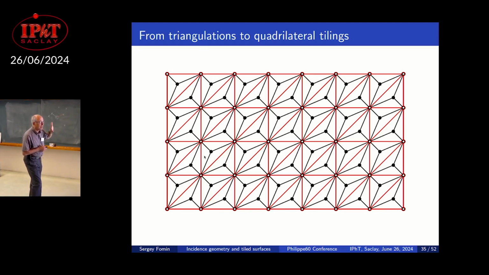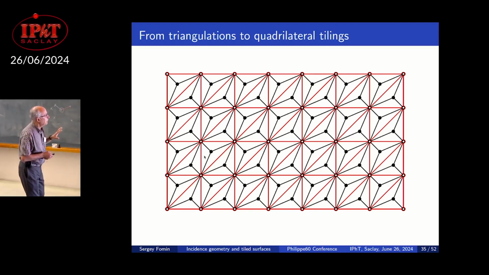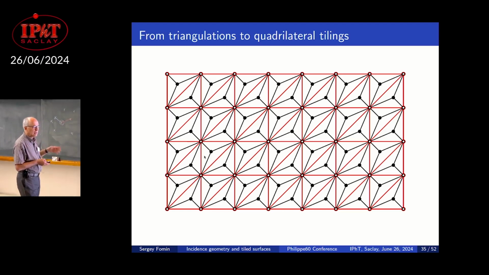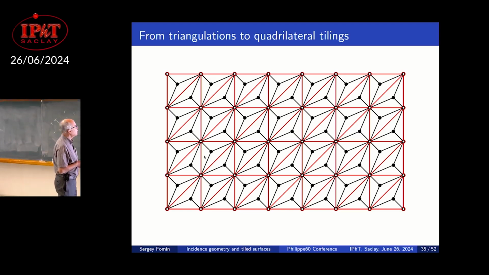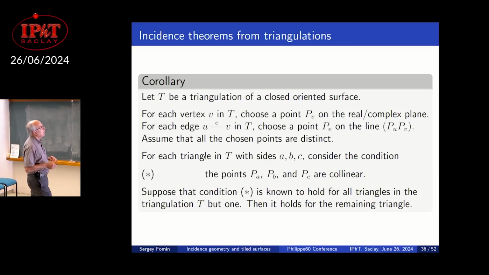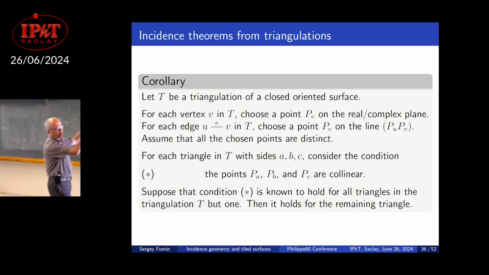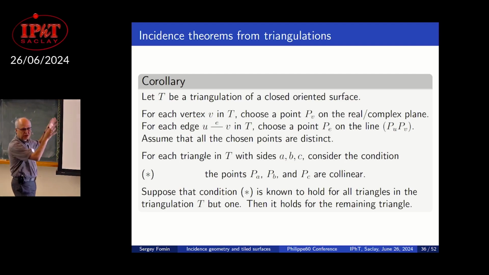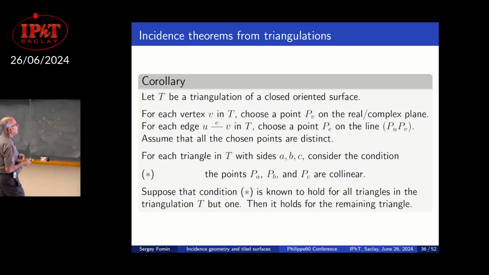Now the black stuff gives you a quadrangulation. This is a standard construction. And then there is a master theorem for triangulations, which comes out of that machine, which you can imagine what it says, but let's skip it.